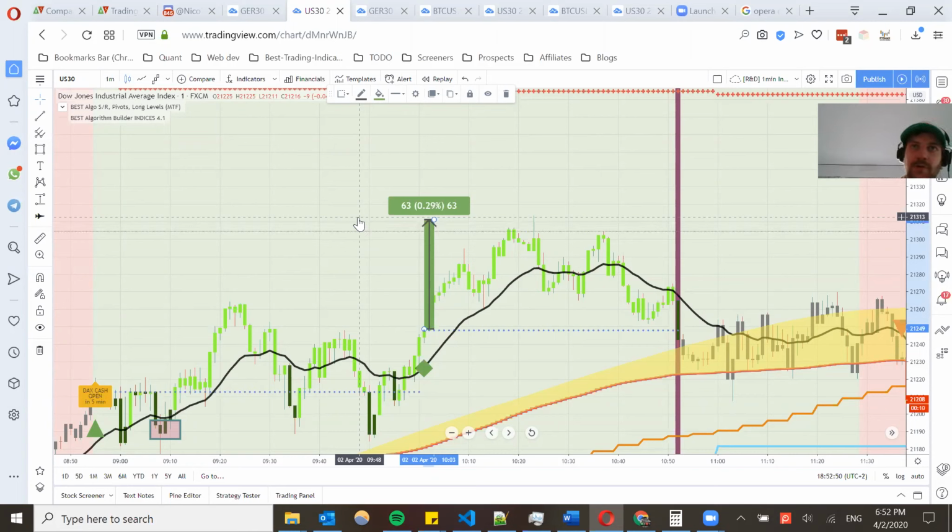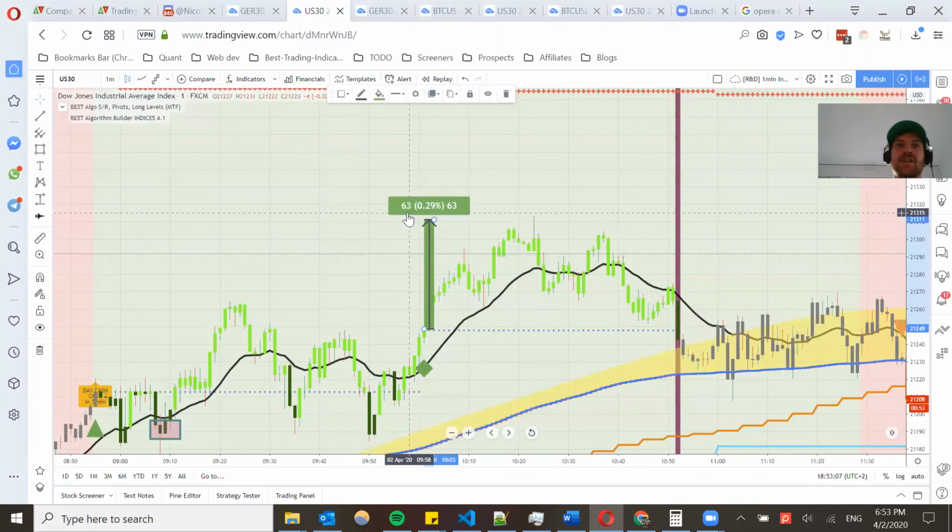Full disclosure, with futures the pip value is between 23 euros and 25 euros. So why am I taking profit sooner than you guys? Because it's 25 euros per pip. So you can multiply that by 25. Basically, that's the concept of futures.